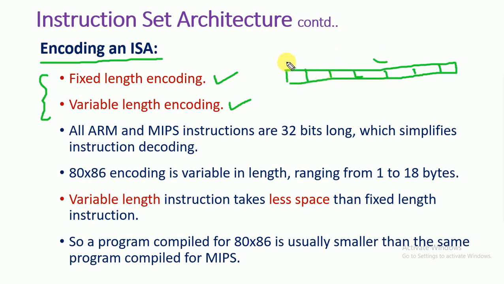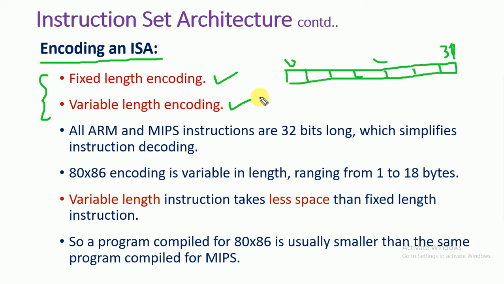For example, if the size is 32 bits, from 0 to 31, that is the size that can be accommodated. So even if the instruction is only 8 bits, the entire 32 bits of memory will be wasted storing it. That is the problem with fixed length encoding: whatever the size of the instruction, it takes 32 bits.